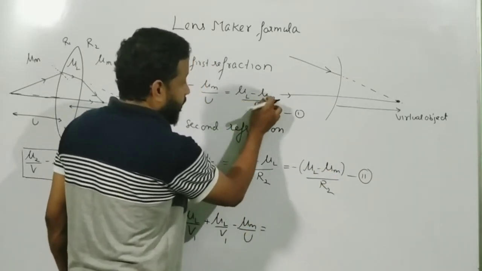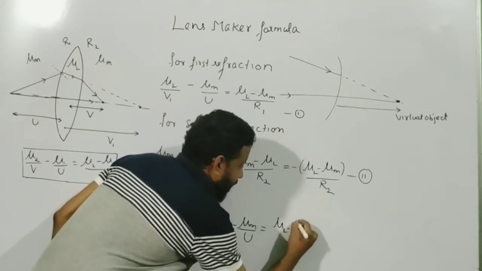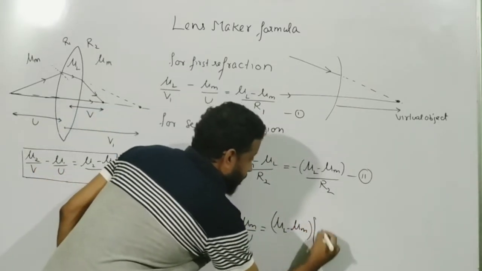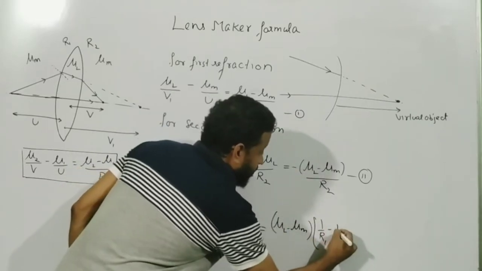So mu l minus mu m is common. If I take this common, over here I have R1 and over here I have minus R2.